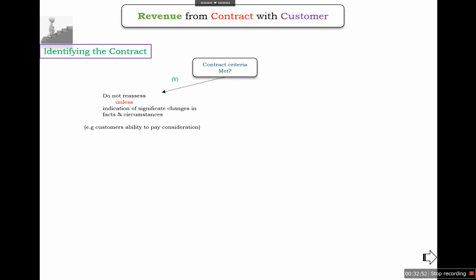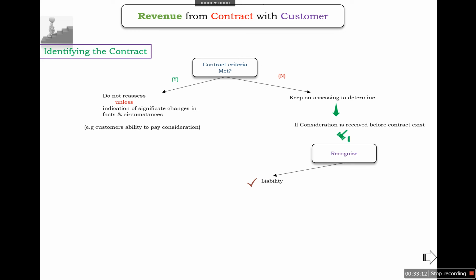For example, if there is a change in the customer's ability to pay the consideration, only in this case do we need to reassess the changes in the facts and circumstances. And if the contract criteria have not been met, we need to keep on assessing the facts and circumstances to determine when the contract criteria are met.